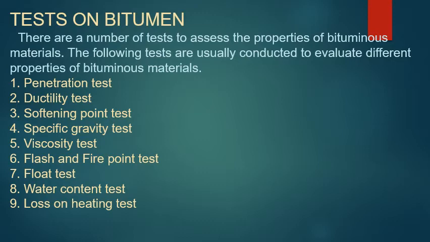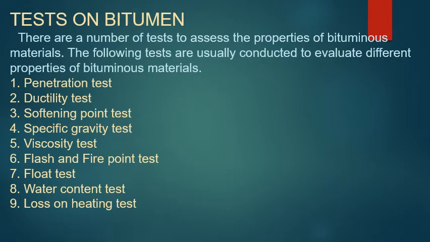Earlier, the classification was based on the penetration and ductility test results. That's why it was named PG, penetration grade, with particular numbers. But now VG is the trend, the gradation which is used, that is viscosity grades. It was earlier observed that bitumen from various sources possessing the same penetration value at the specified temperature may exhibit entirely different viscosity characteristics.